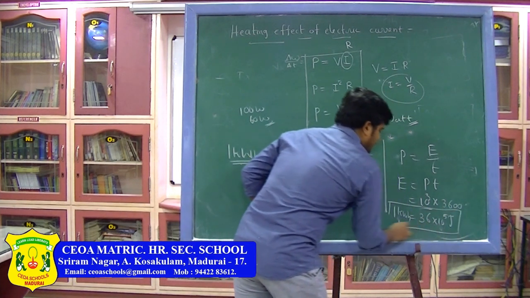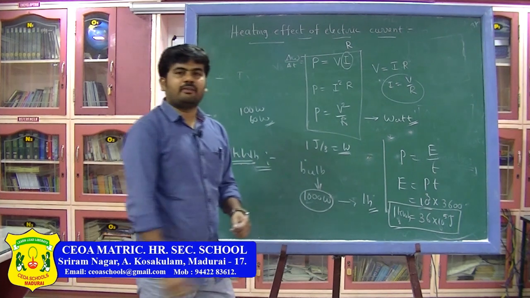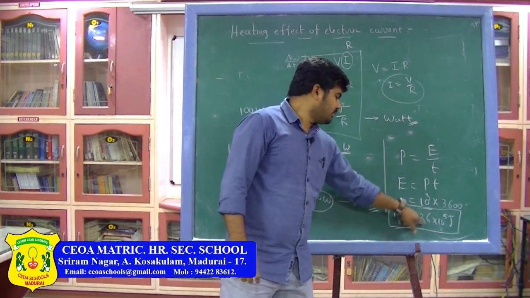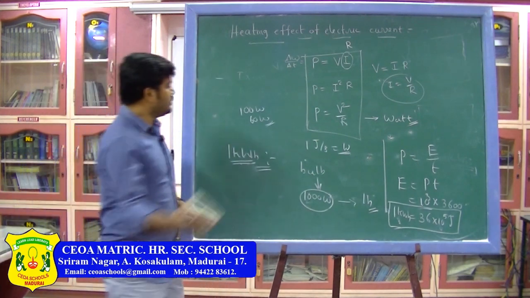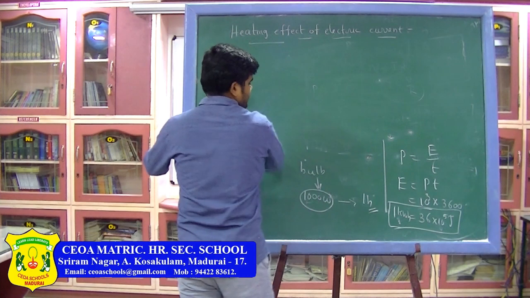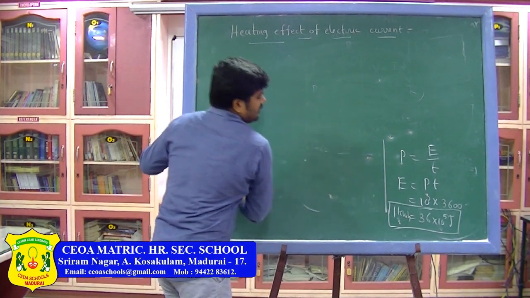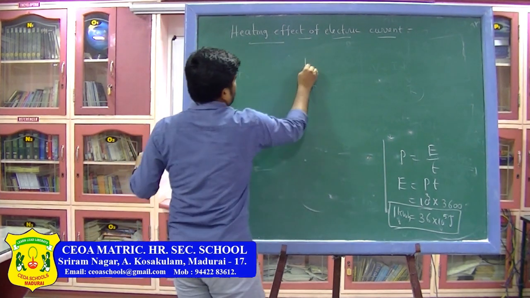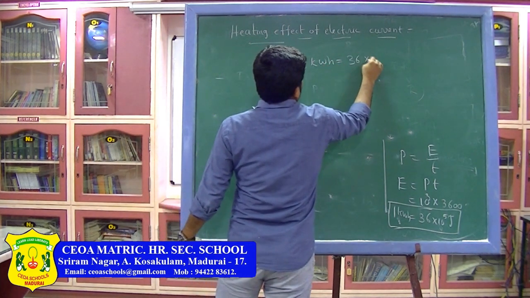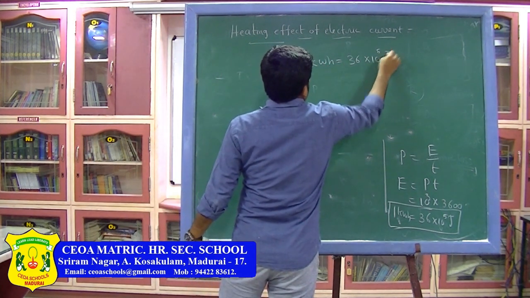In usual language, we call this 1 kilowatt hour 1 unit of electrical energy. So, 1 kilowatt hour is equal to 36 into 10 to the power of 5 joules of energy.